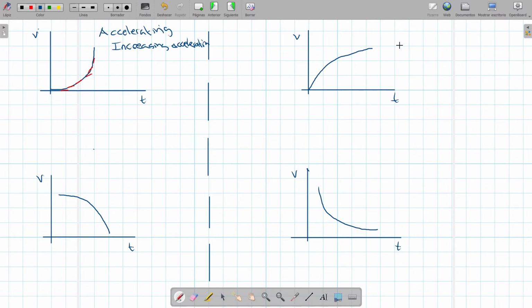And this is accelerating too, because when it's accelerating, the final velocity is greater than the initial velocity. This is accelerating too, because the final velocity is going to be greater than the initial velocity, but it is decreasing acceleration.